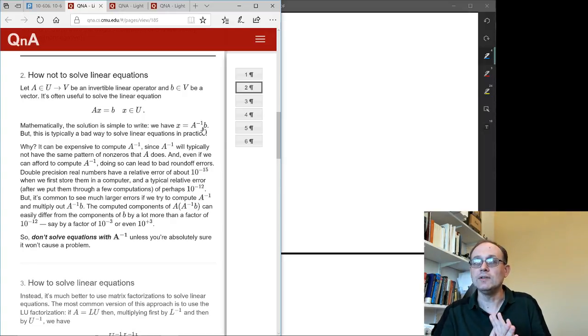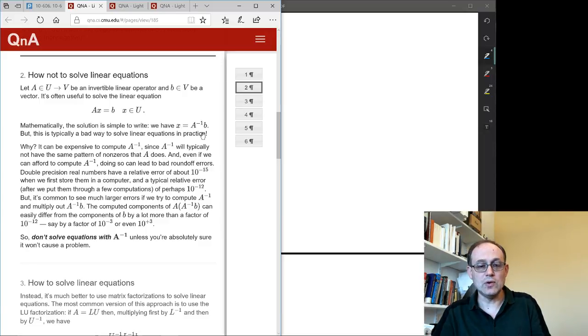And so computationally making the inverse is a bad idea there. Maybe more subtly, there's a problem with round-off error. Even if it's possible to solve this equation to a high degree of accuracy, in other words, to find an x such that Ax equals b to close to machine precision, if we compute A inverse b, we won't necessarily get that x.